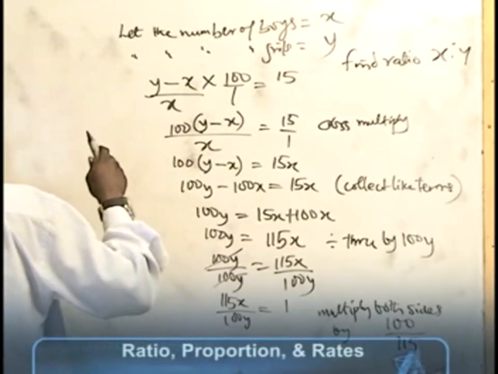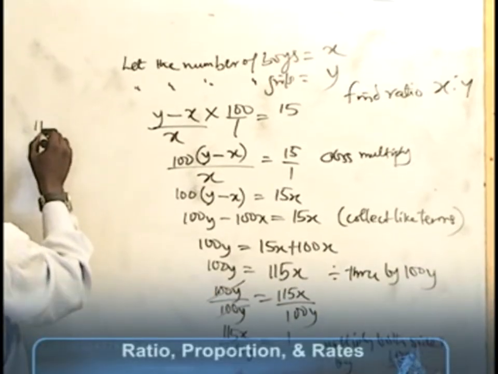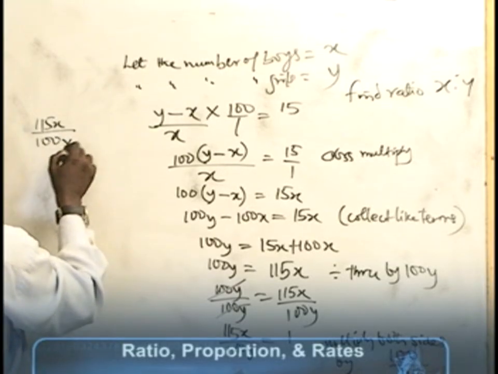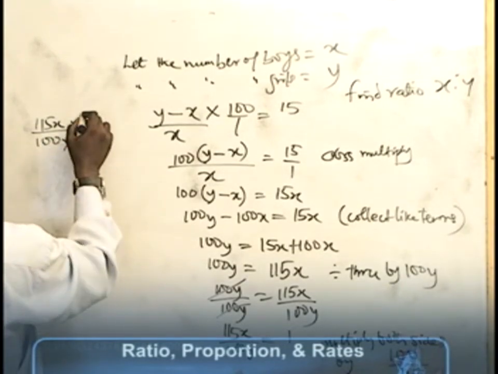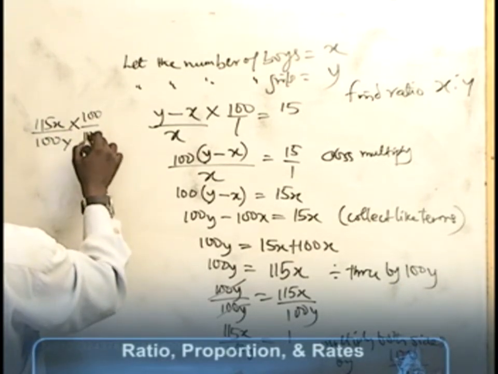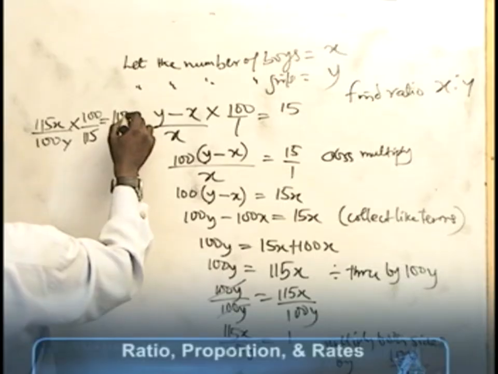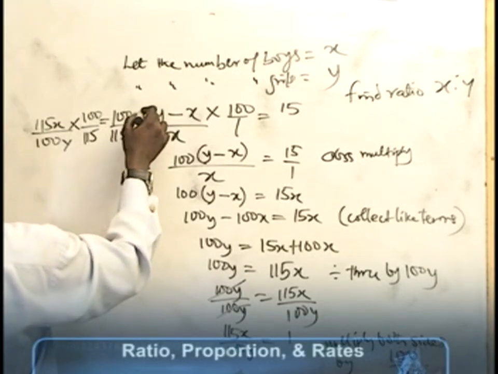So you're going to have something that looks like this: 115X over 100Y times 100 over 115 equals 100 over 115 times 1.